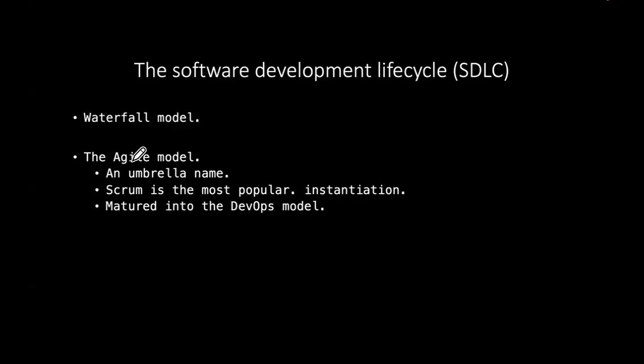Now, agile is really an umbrella name. There are a number of instantiations of this model. One that you may have heard of is Scrum. So I would say Scrum is a particular implementation of the agile software development lifecycle model.